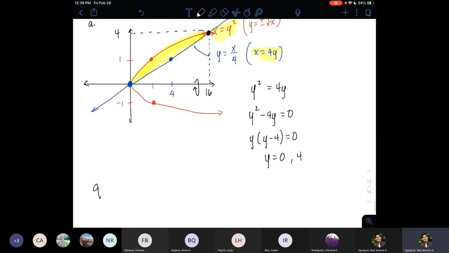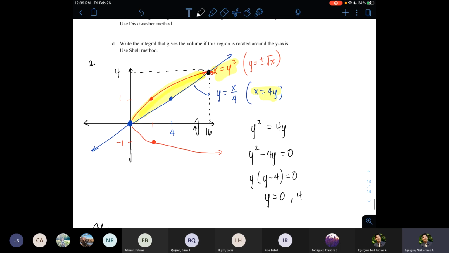Now for the disk or the washer method, the strip should be perpendicular to the AOR. Here the AOR is horizontal, so in order to use the disk or the washer, we should use vertical strips. Again, disk or washer needs strips perpendicular to the AOR, okay?